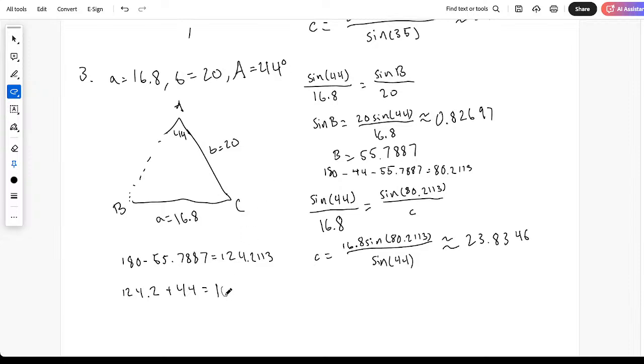So that's 168.2113. So that is less than 180, which means there's another.